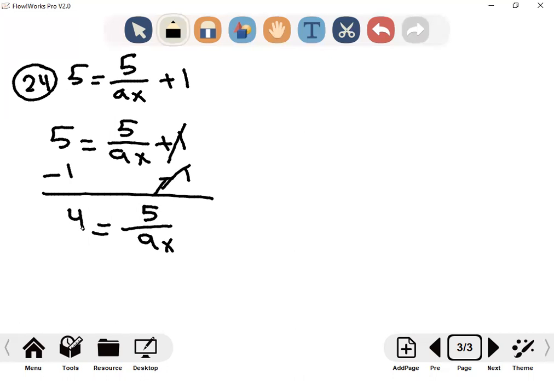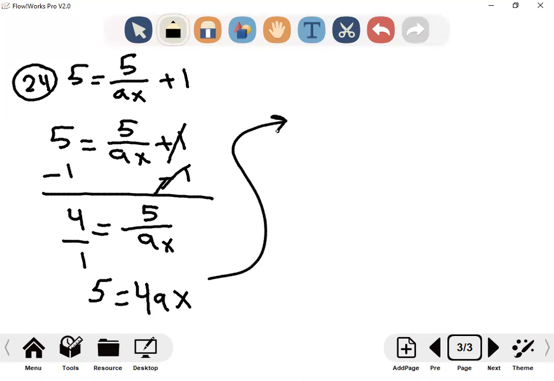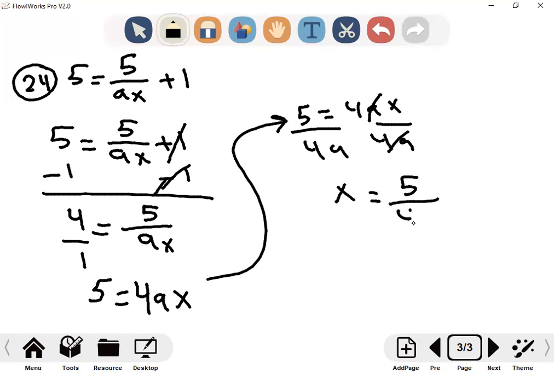Same idea, cross the product or multiply by x on both sides. So here, 5 multiplied by 1, 4 multiplied by ax, 4ax. Divide both sides by 4a. x will be 5 over 4. Done? This is 22 and 24.